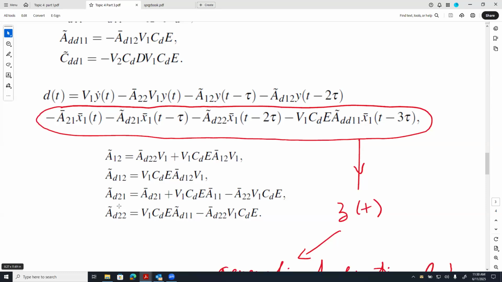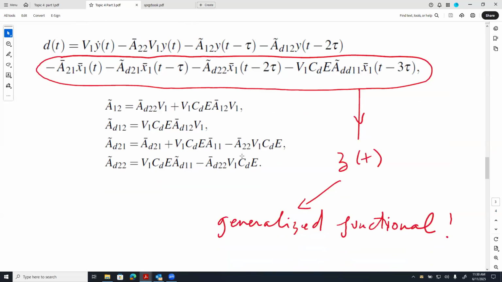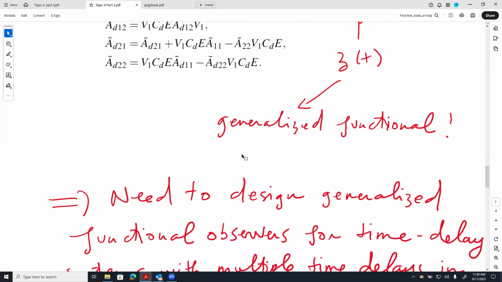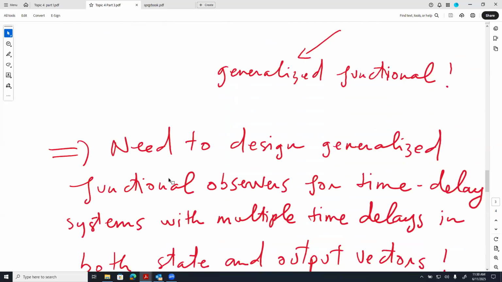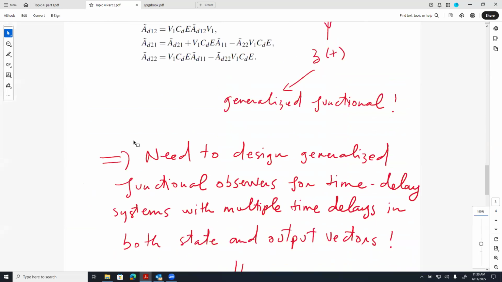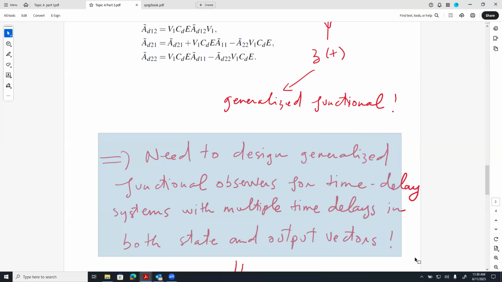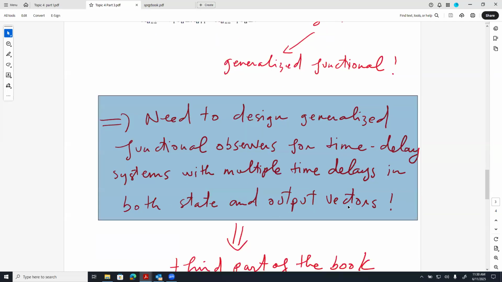How to estimate it directly is the key to obtain a simplified structure for the unknown input observer. Okay, so we got generalized functionals, and therefore we need to design generalized functional observers for time delay systems with both stacks and output vector.